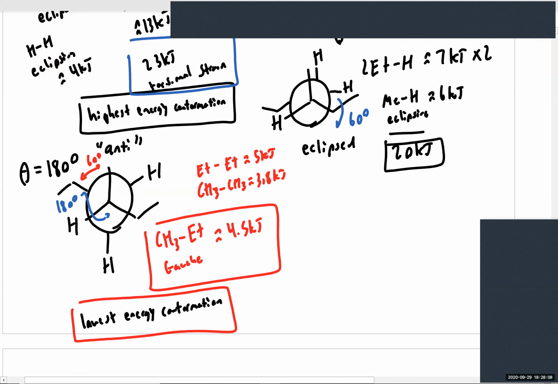So just for completeness, let's continue rotating our carbon-carbon bond. And this time, let's just try drawing it directly from the previous Newman projection. So I keep my front substituents exactly the same. My back substituents end up rotated 60 degrees.